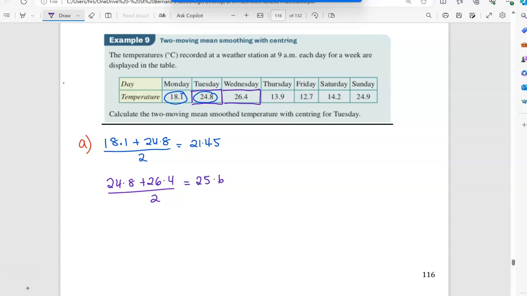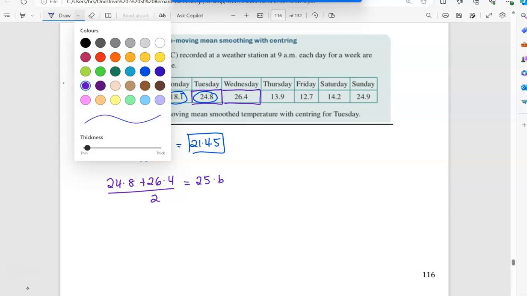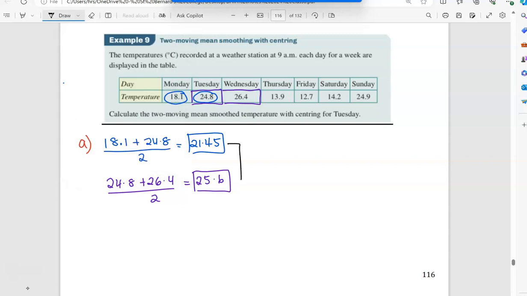So these are the two mean smoothing values. Then to do the centering, this part is the centering in black. I add those two numbers together and divide by 2, and I end up with 23.525.